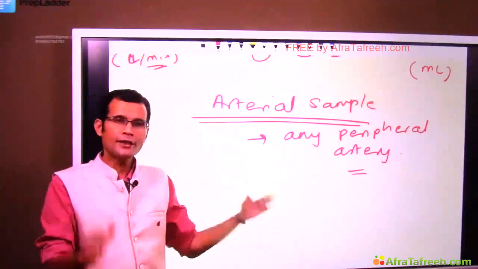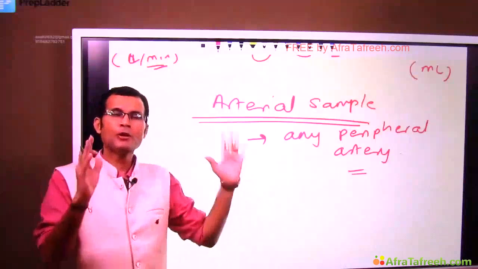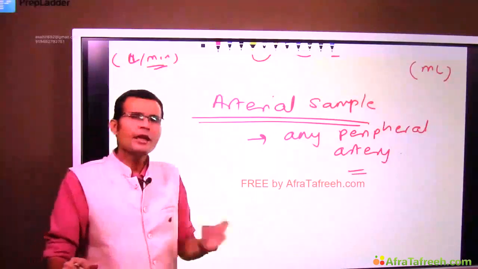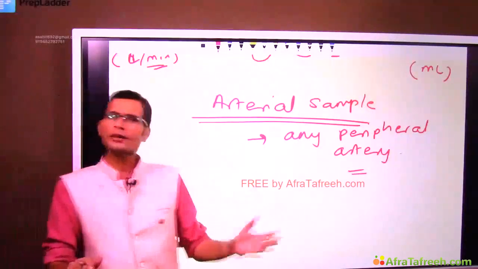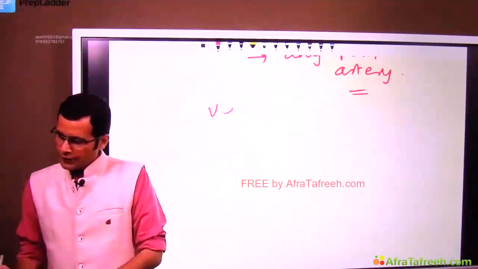All arteries have same saturation level and same amount of oxygen level. So you can select any artery, it doesn't matter. Femoral artery doesn't matter. Venous sample.